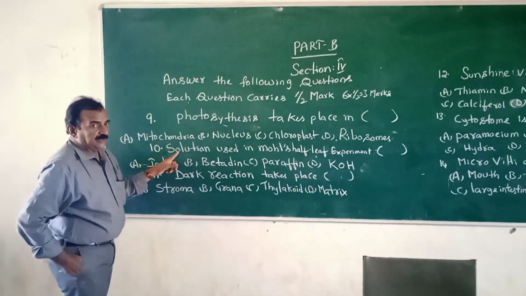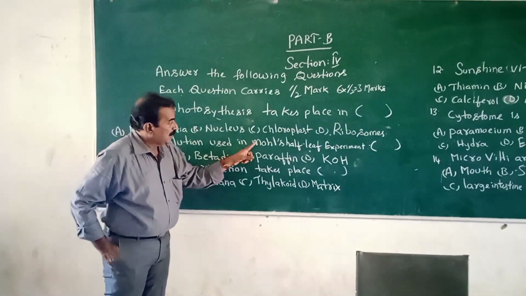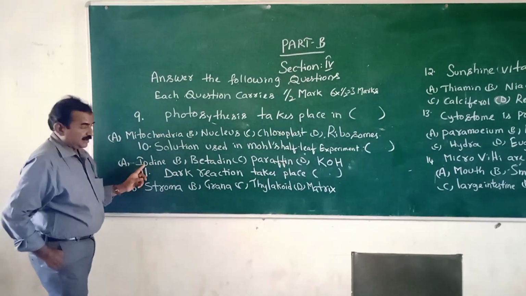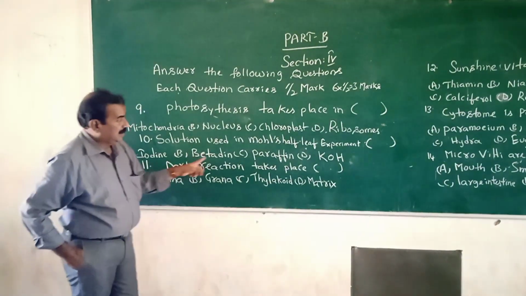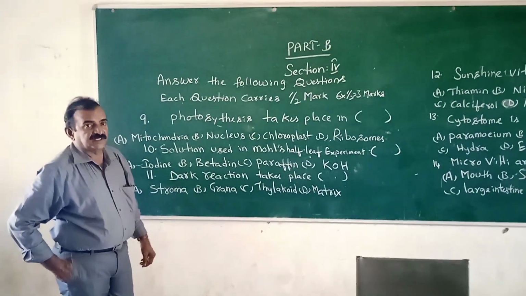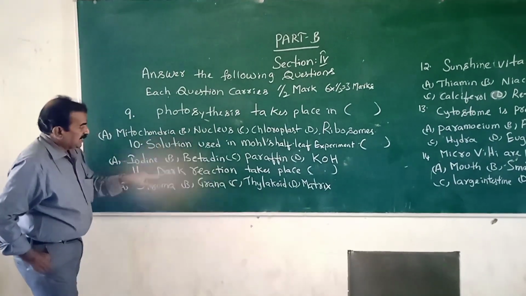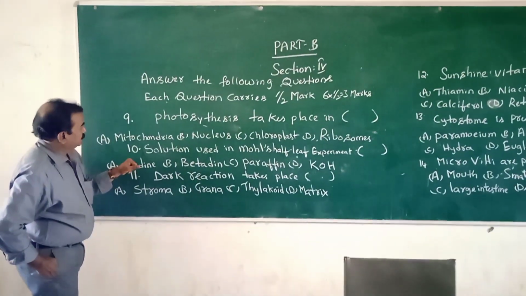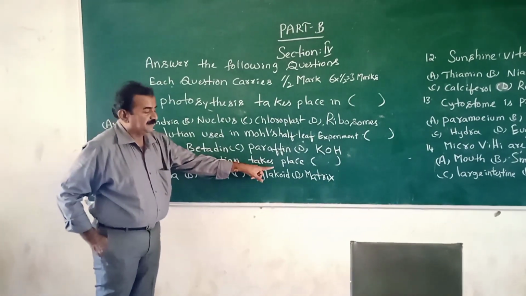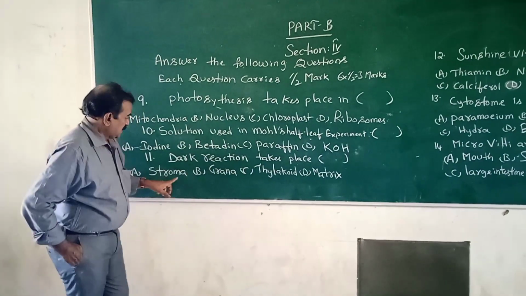Next: solution used in the Moll's half-leaf experiment. Iodine, no. Betadine, no. Paraffin, no. KOH, right. Potassium hydroxide is right. And next, on page number 11: dark reaction takes place in.